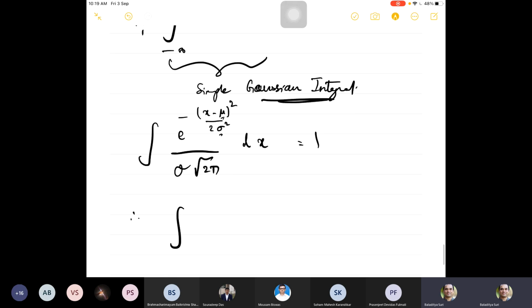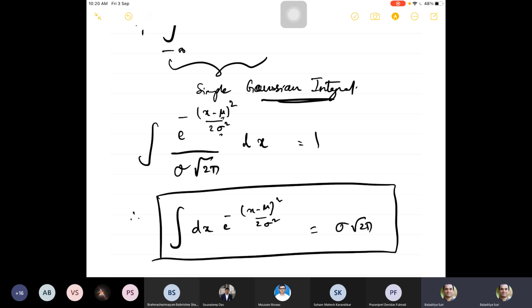Therefore, integral dx e to the power of minus (x minus mu) squared by 2 sigma squared is equal to sigma root 2 pi. This is a standard Gaussian integral which you should remember because we will encounter this almost everywhere in physics. And we already talked about why the Gaussian function is an important function, right? We talked about the law of large numbers and the central limit theorem.